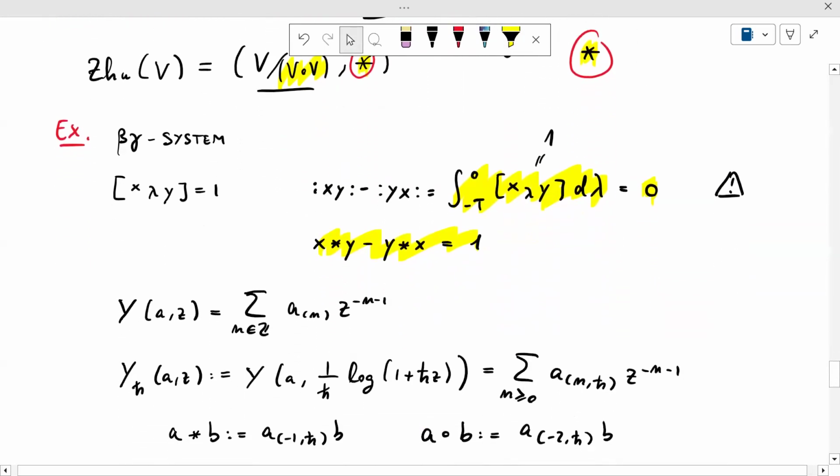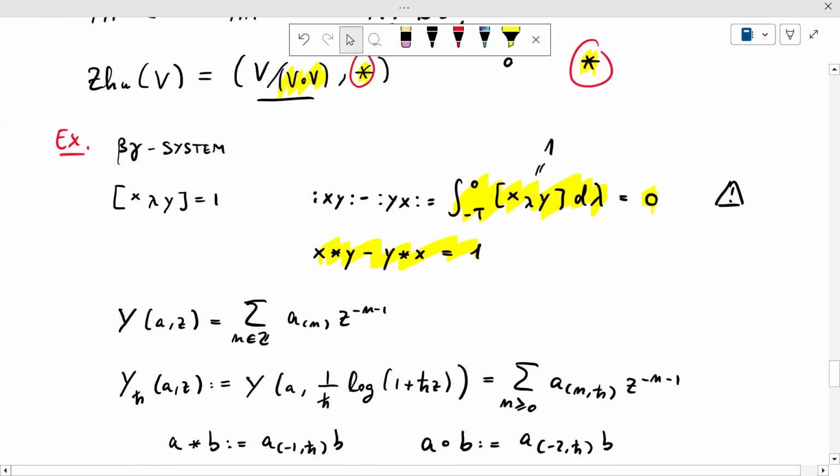So what's the idea? First of all, how are these things defined? There are, that I know of, two constructions. One is the original one by Zhu, and the other one is actually due to Huang, but again it uses some ideas that were in the original Zhu paper.